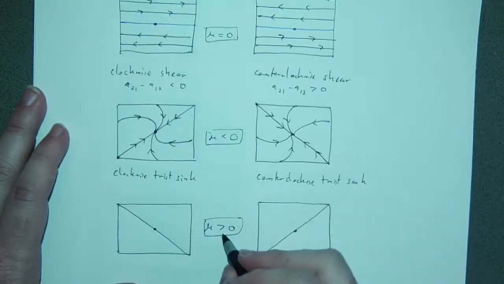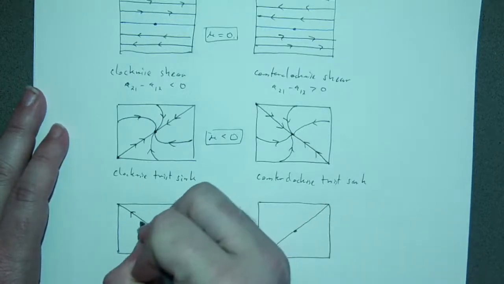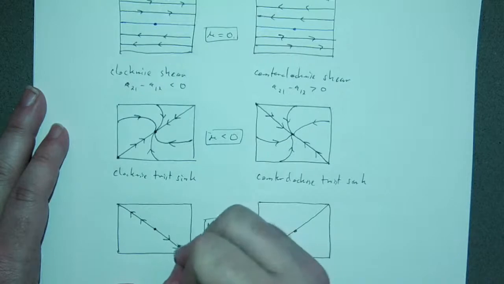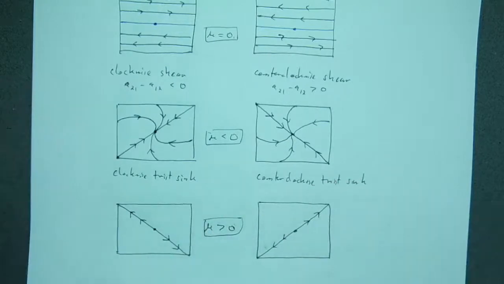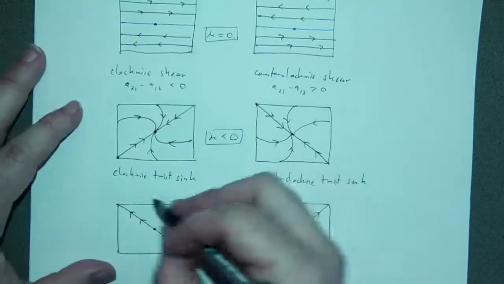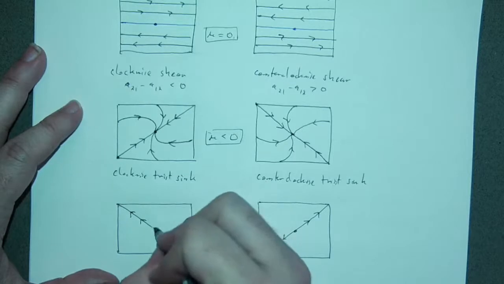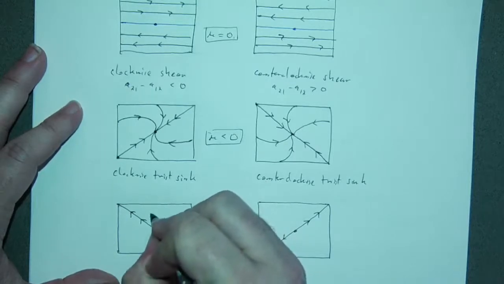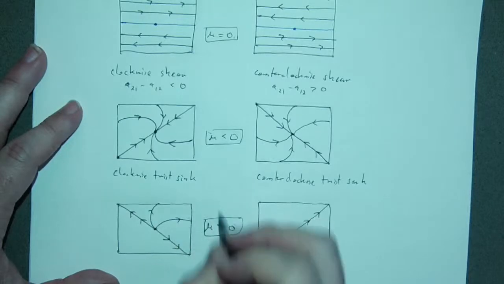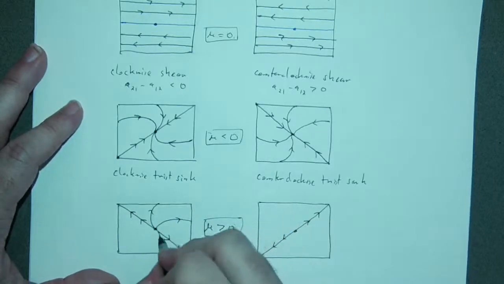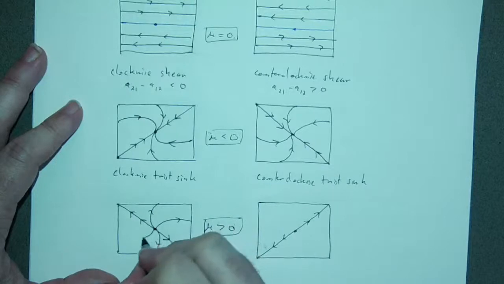Here, now, because mu is greater than 0, I have motion away from the origin indicated along these line solutions. For the clockwise twist source now, what is this going to look like? There's one emanating from the origin. There's another. Maybe here's another. And here's one more.